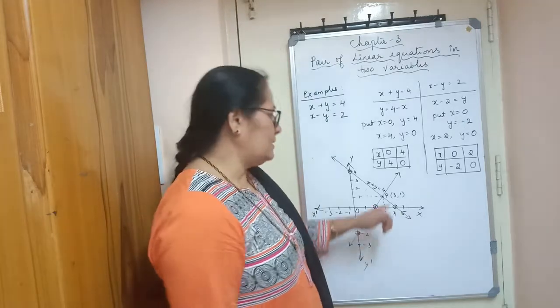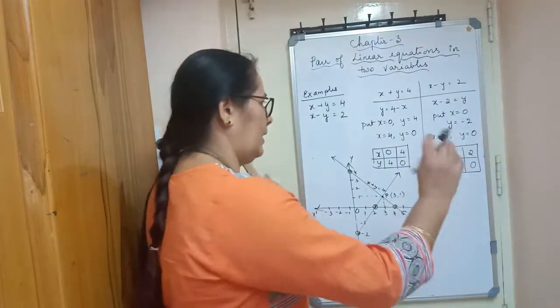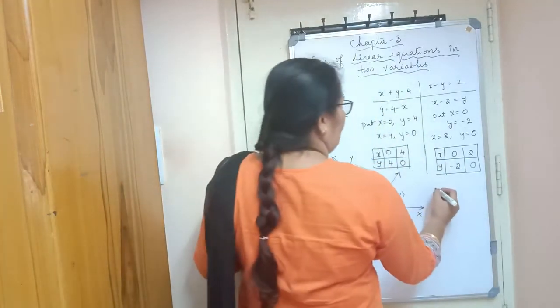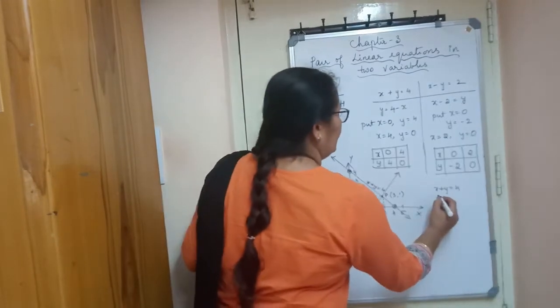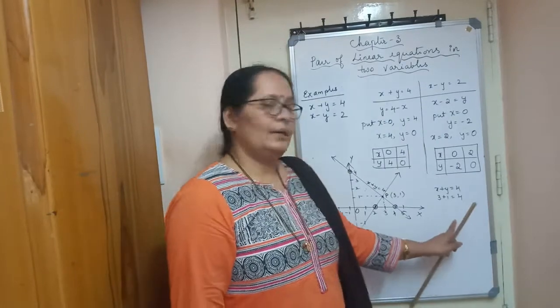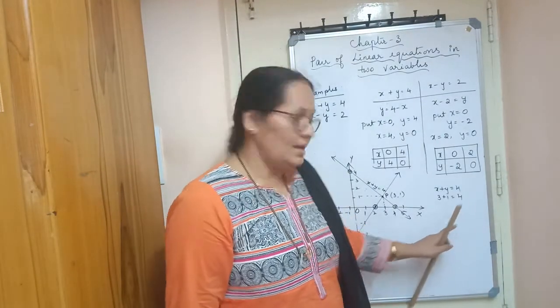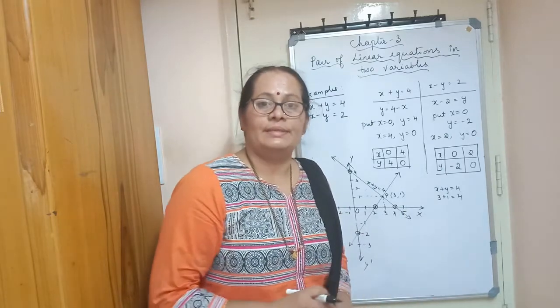Verify whether this is the solution for this equation or not. Take this equation, x plus y equals 4. Now x is 3, y is 1. So LHS is equal to RHS. It means x is 3, y equals 1 is the solution of the equation.